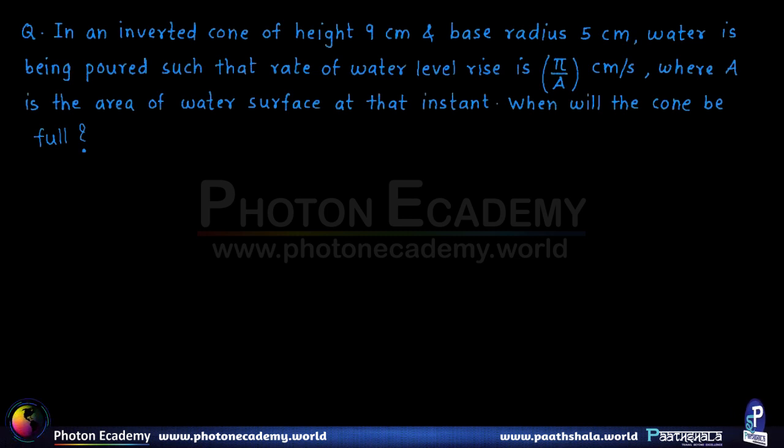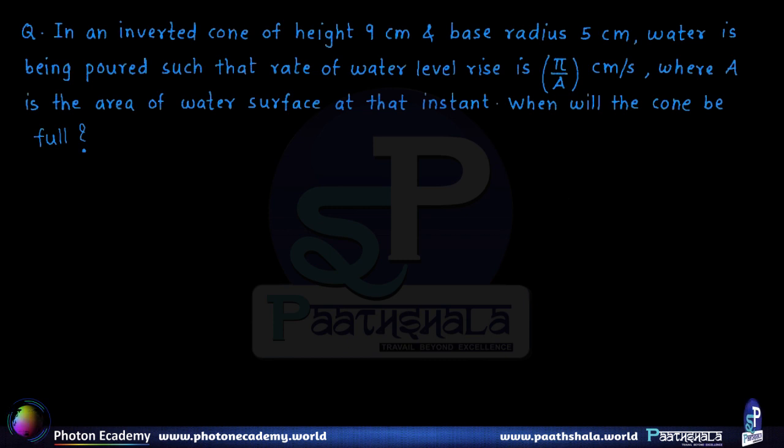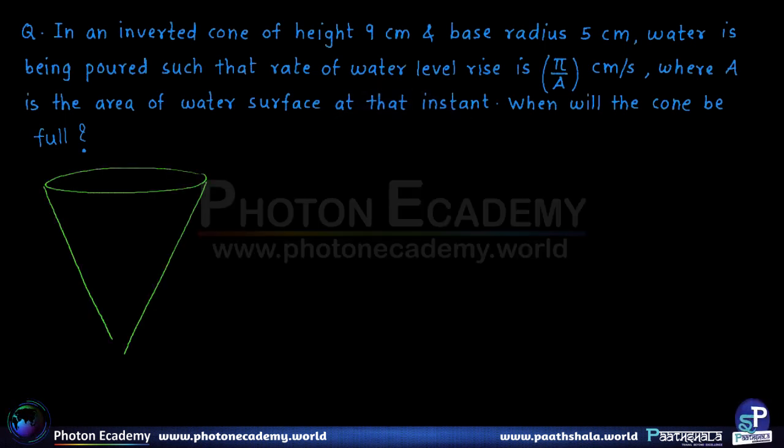Now here, if we take a look at this particular problem, let us first draw the figure so that we get an idea of the different parts of this problem. There is an inverted cone, so let us draw a cone in which the water is poured, right? So here is the axis of the cone.